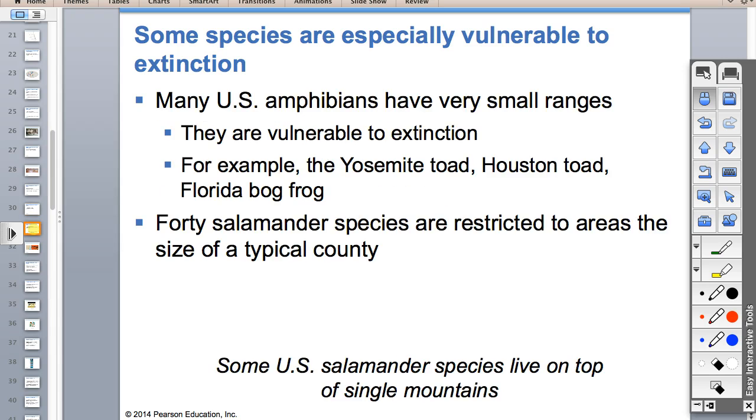A lot of amphibians have really small ranges, and that makes them vulnerable to extinction. Somebody counted this: 40 salamander species are restricted to areas the size of a typical county. There is some little salamander species that live on one mountain in Kentucky, and that's it. They're going to be more susceptible to extinction.